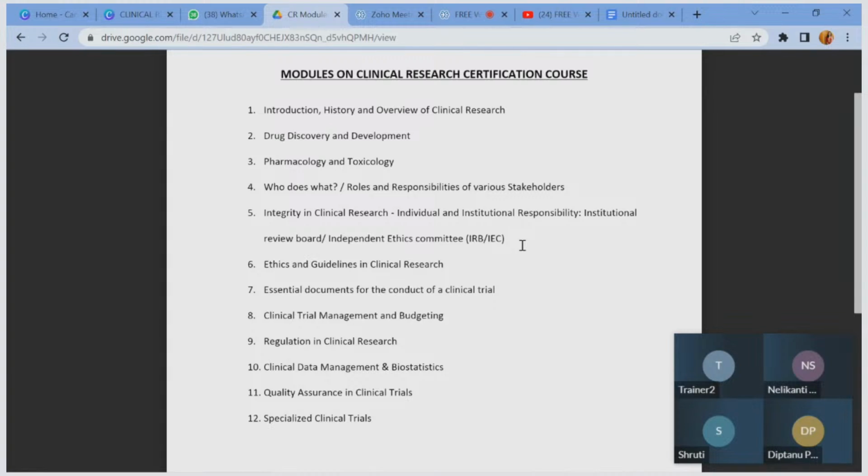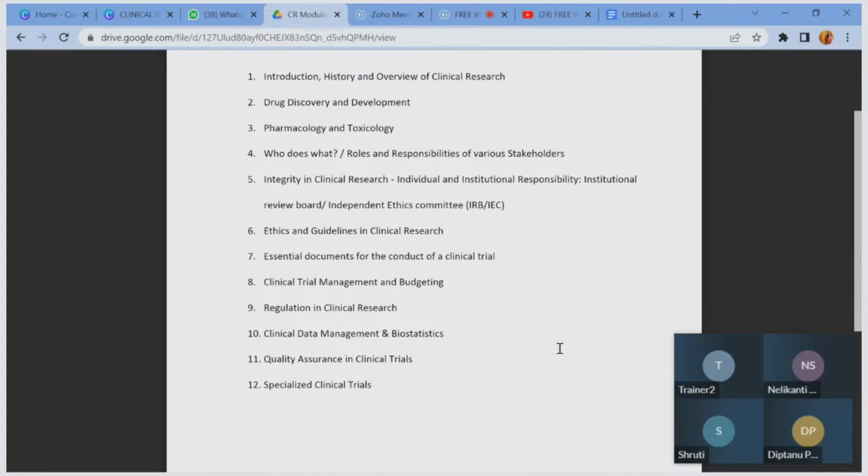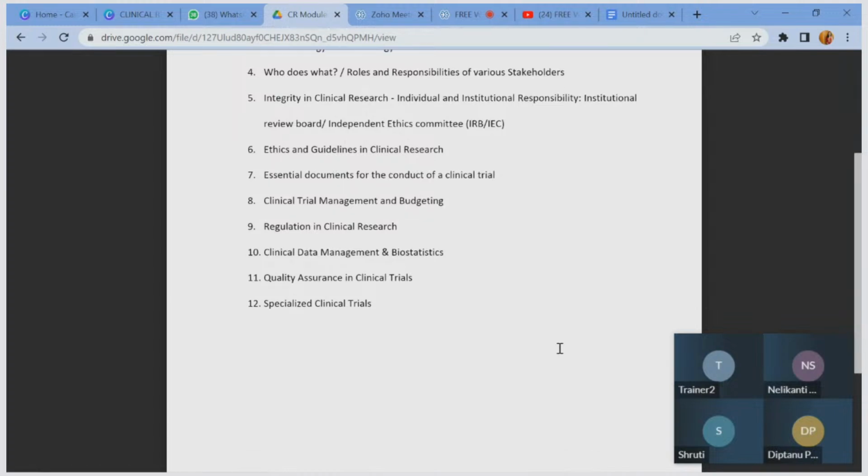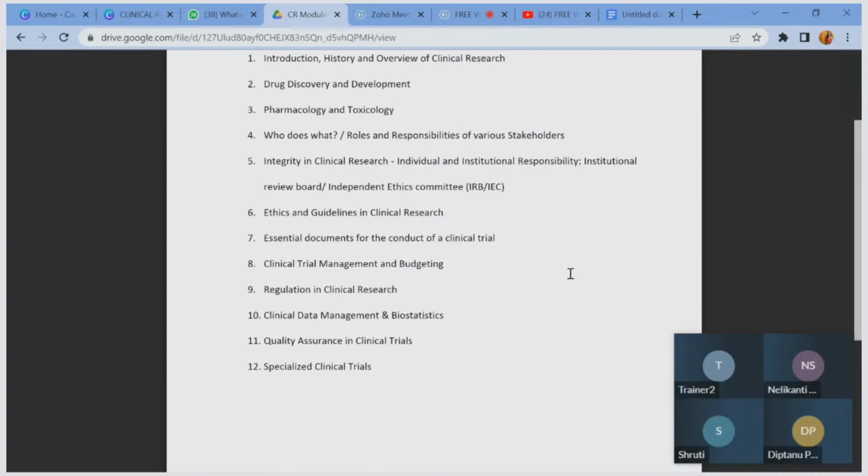In this certification, we are going to cover the introduction, history, and overview of clinical research, discovery and development, pharmacology and toxicology, who does what, role and responsibility of various stakeholders, integrity in clinical research, individual and institutional responsibility, and then ethics and guidelines in clinical research, essential documents for the conduct of a clinical trial, management and budgeting, regulation in clinical research, clinical data management and biostatistics, quality assurance in clinical trial, and specialization clinical trials. So these are the 12 modules we are going to cover.